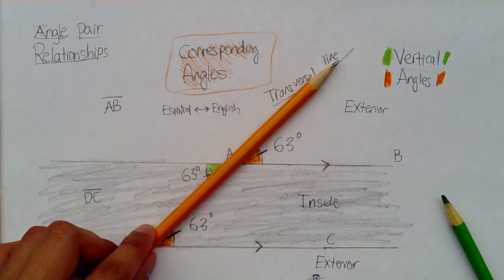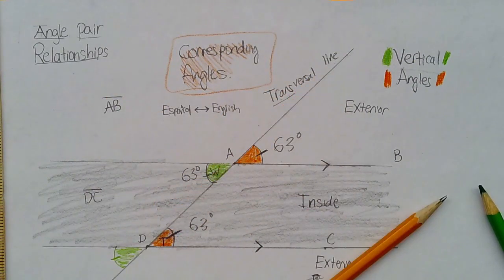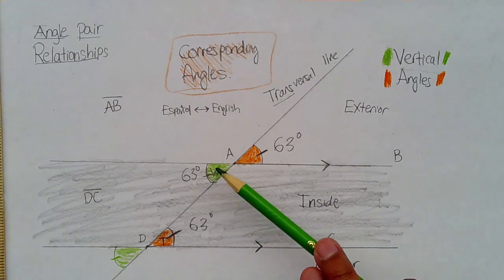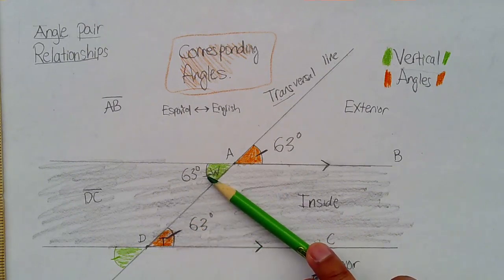So this transversal has a left half, and it has a right half. These two angles are congruent.